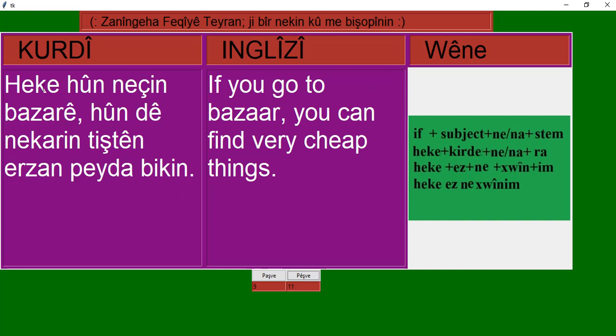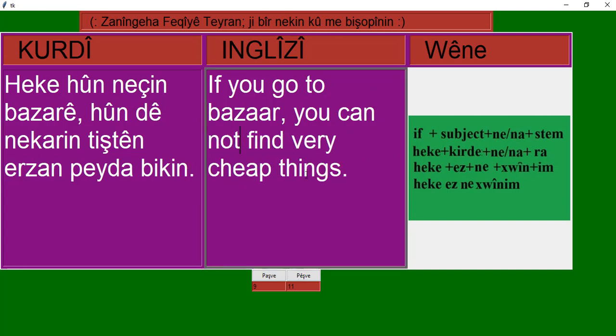Heka hun nechin bazari, if you don't go to the bazaar, hun de nekaran tishtin arzan peyda bakan. You cannot find very cheap things. Okay, if you don't go to the bazaar, you cannot find cheap things. The important part is here. Hun nechin, chuyin is chun. When we want to get the stem of this word, it is ch alone.